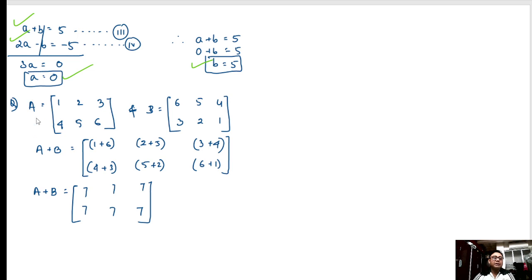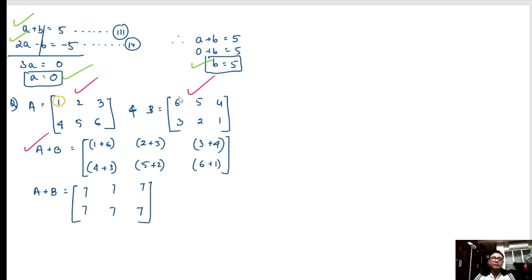So this is a matrix, as you can see. This is a matrix A given and a matrix B given. So we want to add A plus B. If we add A plus B, we have to add the same positions.